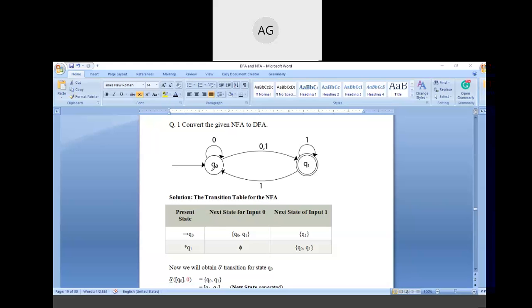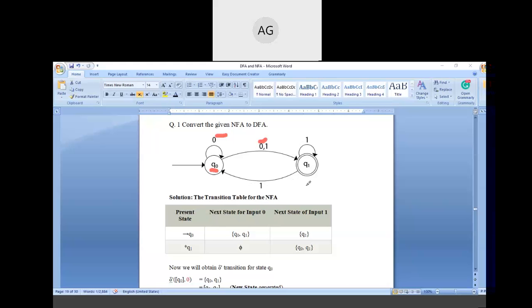As you can see here, on state q naught, on getting zero input, we can either stay at q naught or we can move to q1. So we have two options on getting input 0 on q naught. That's why this machine is an NFA. As this NFA is given to you, you need to convert this NFA to the DFA.